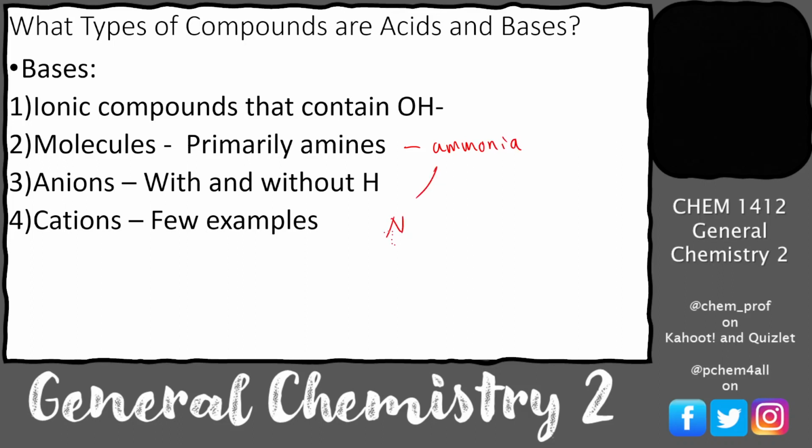NH3 has those lone pairs on top. We can add that to water. And one of these protons on water is attacked by those lone pairs. It's stolen off of water. And now we have this compound.